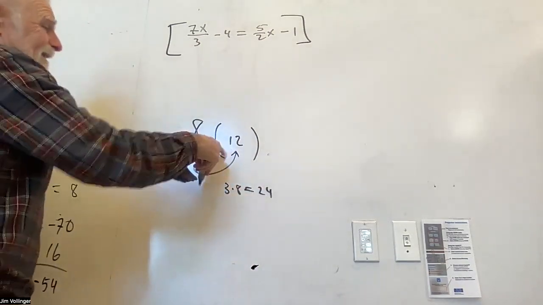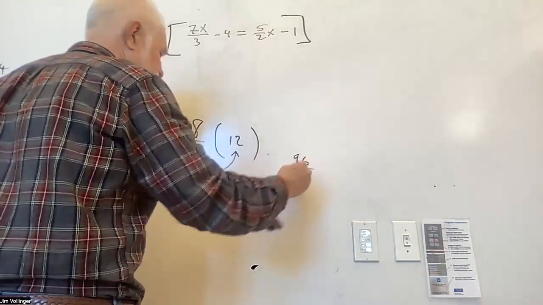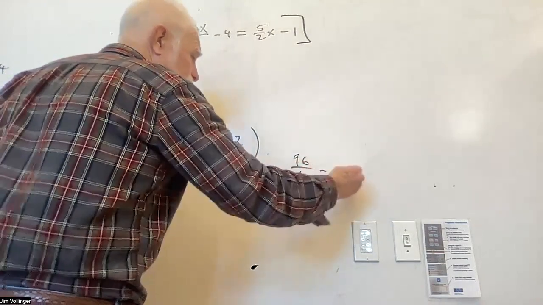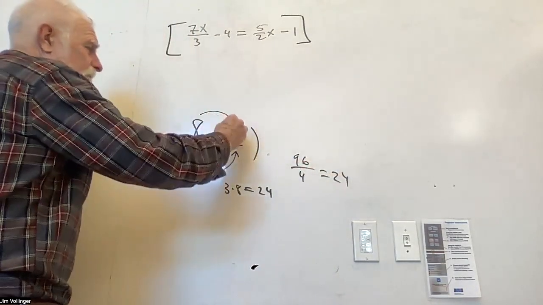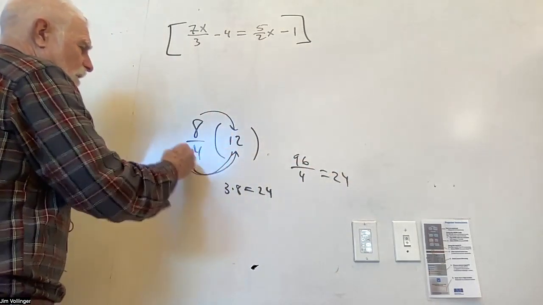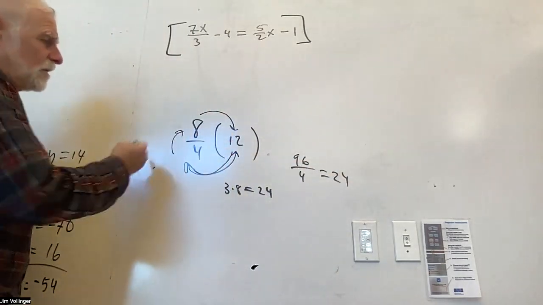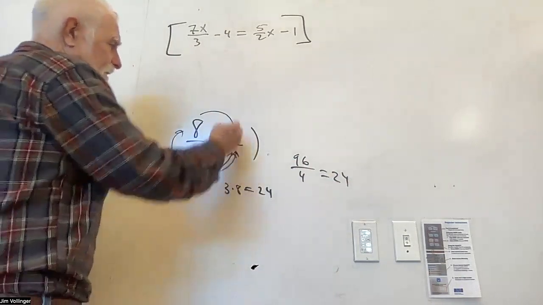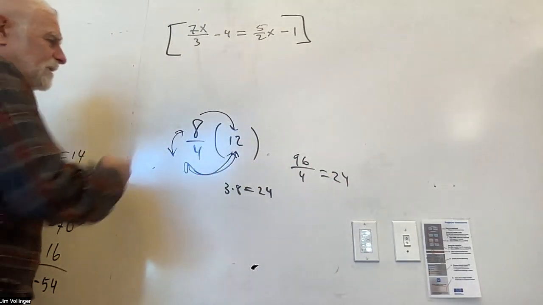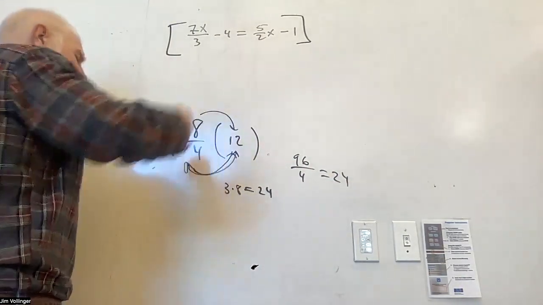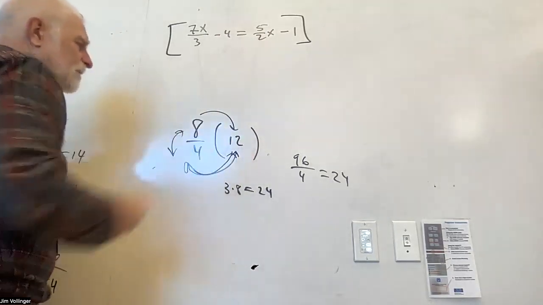You could do 8 times 12, which is 96, divided by 4, which is 24, right? So you could start anywhere you want, and you could go in the other direction. You're going to get the same answer, but it's either multiply and divide, or divide then multiply.